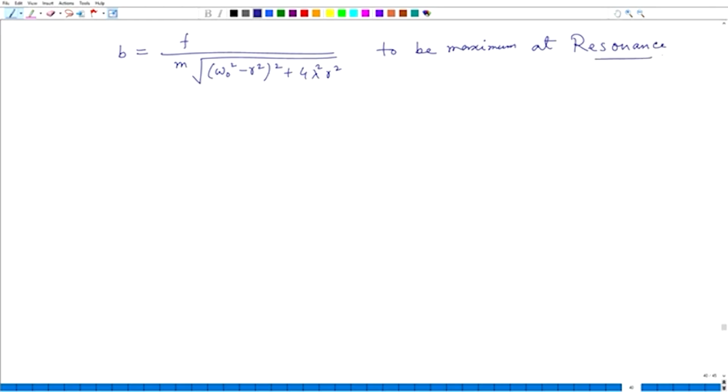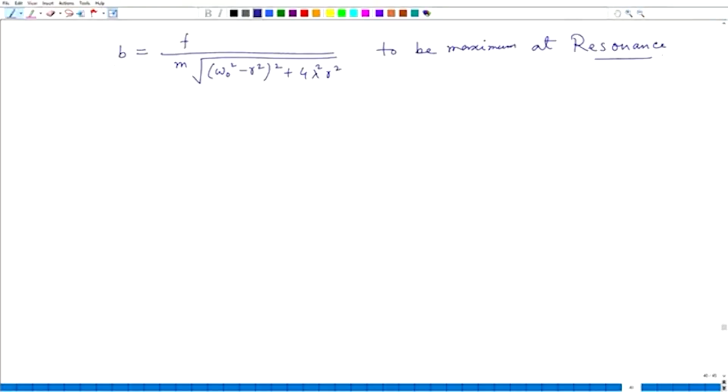Resonance is a sense where there is a very good understanding between the oscillator and its ambience, so that it has the maximum gain in terms of amplitude. So, when you have a resonance, this should be maximum, and for that, if the amplitude of the force f is fixed, and the mass of the oscillator is fixed, then we have to play with this factor.